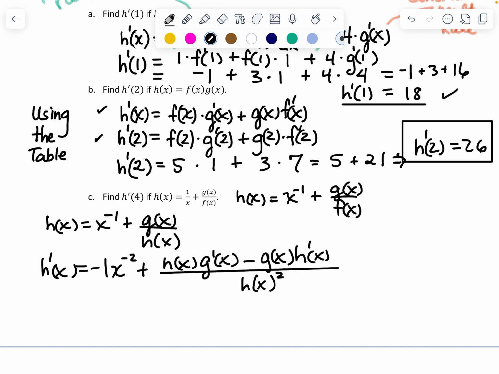And away we go. I'm going to just put my answer with a positive exponent then, okay?